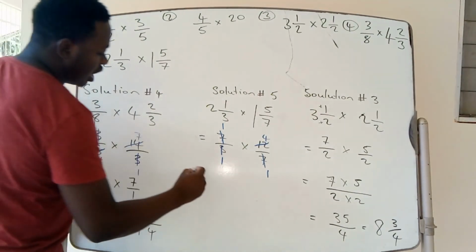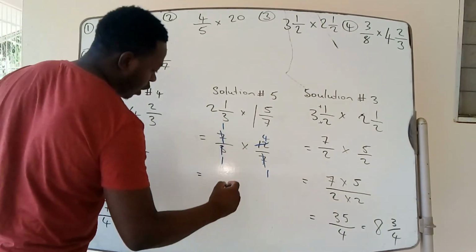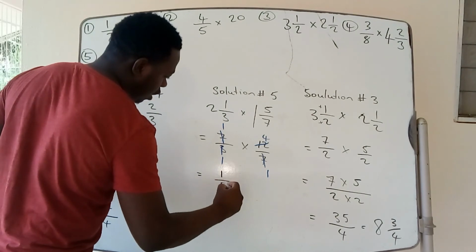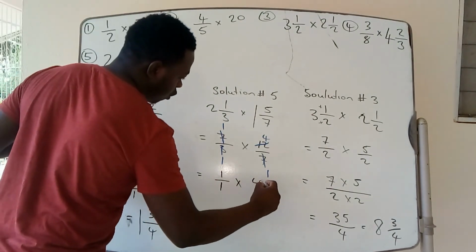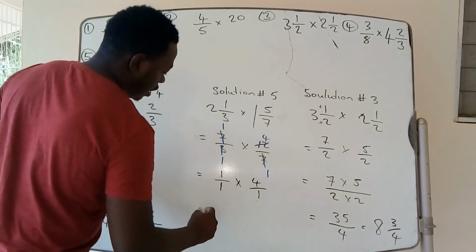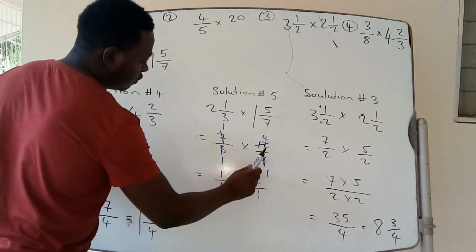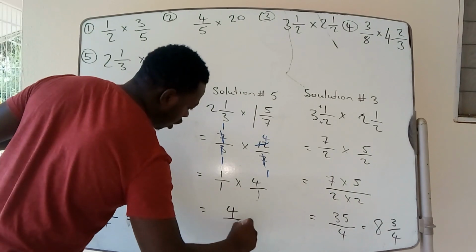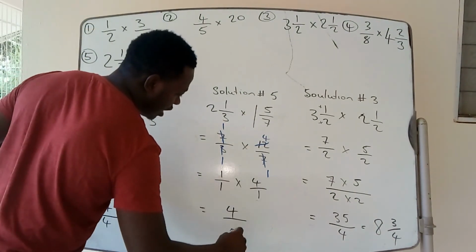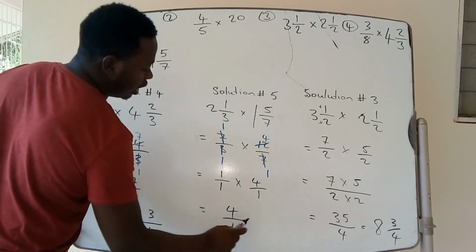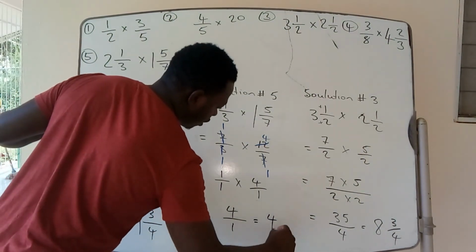Now, the fraction that we're left with is 1 over 1 times 4 over 1. Now we can just simply multiply numerator by numerator. So 1 times 4, that gives us 4, all over 1 times 1, that's just 1. And 4 over 1 is just the same thing as 4.